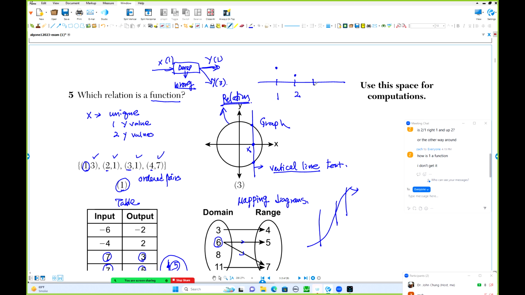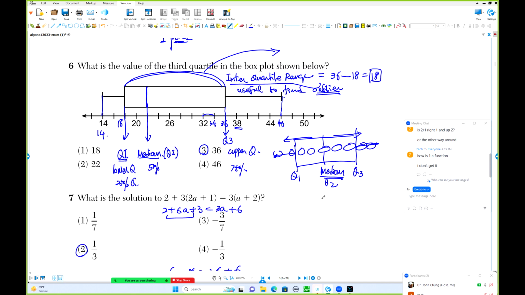When x is 3, still 1 there. Only one value. When x is 4, that is 7 over here. Only one value over here. Every value of x has only one value of y over here, okay? This is a function. You understand? Okay, that's the function.